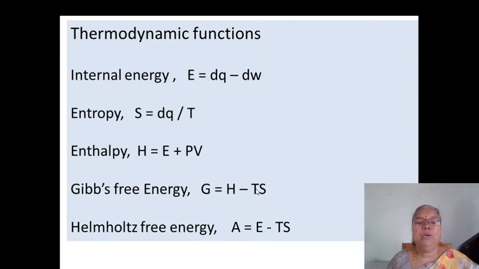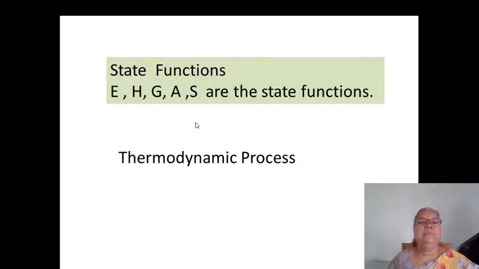Here TS is the product of temperature and entropy. Then the next thermodynamic function is the Helmholtz free energy. It is denoted by capital A, and it is equal to E minus TS, where E is the internal energy.